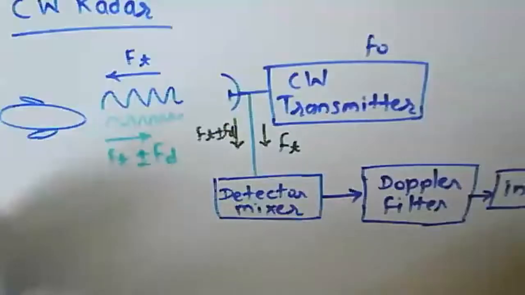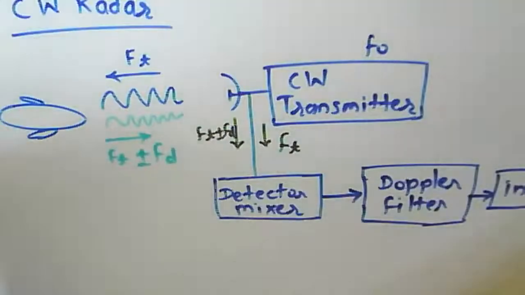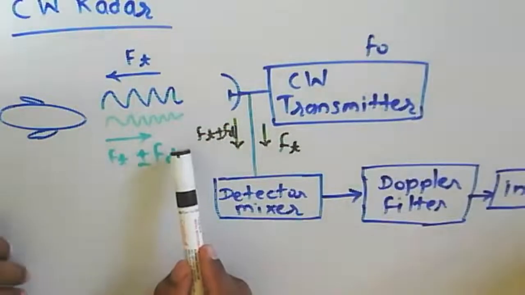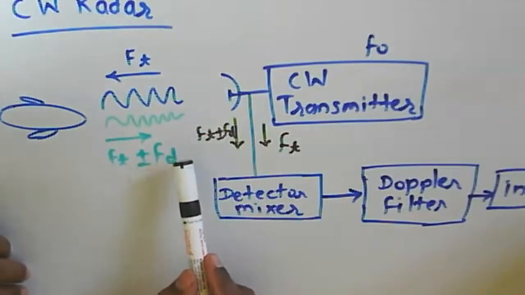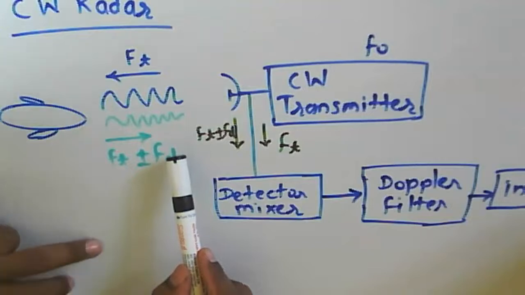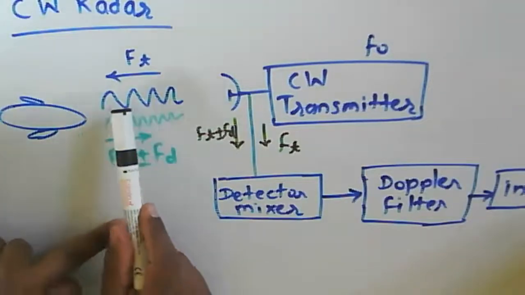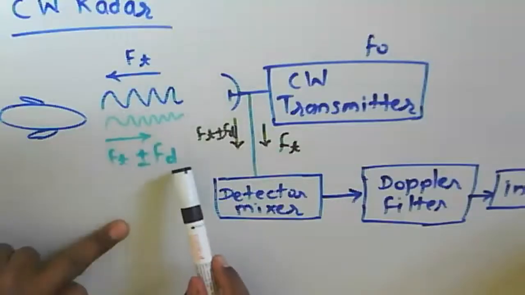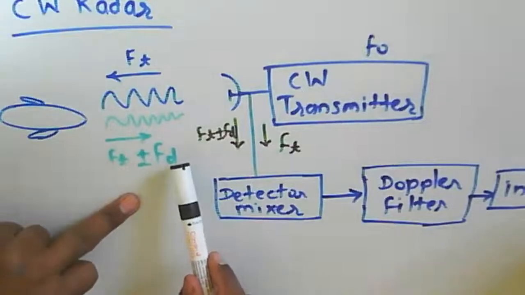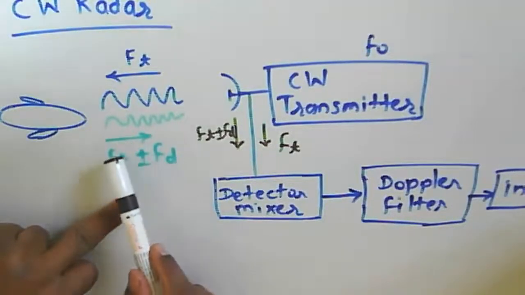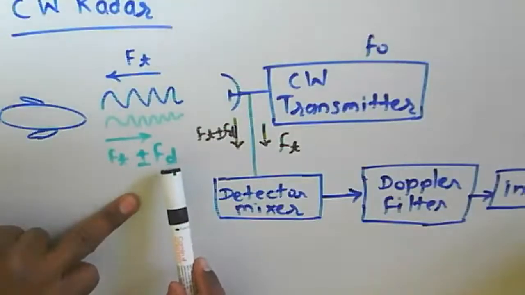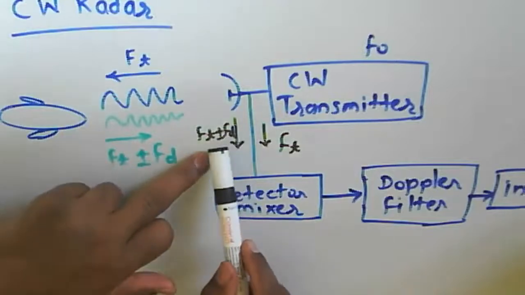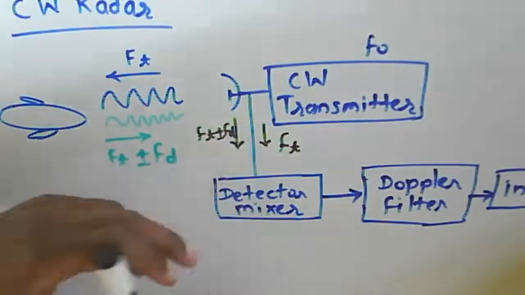Shifted means we are transmitting a frequency signal, but the echo signal consists of ft plus or minus fd.